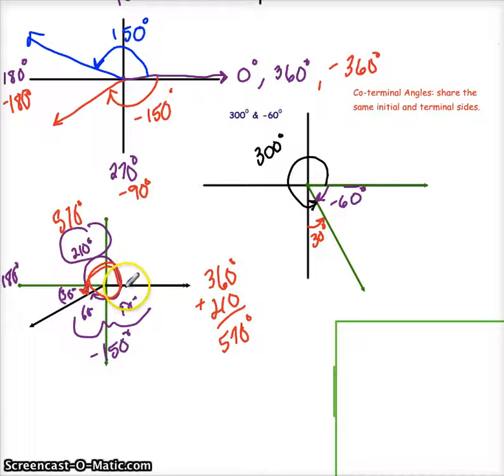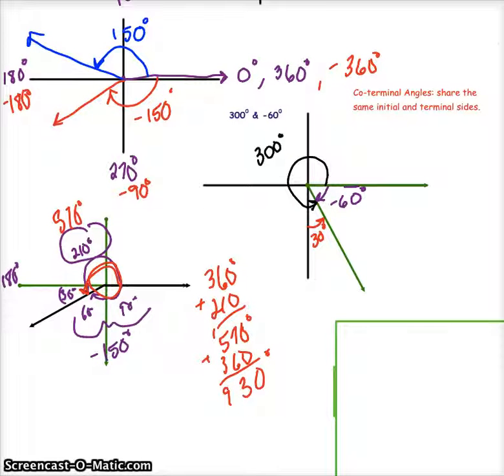So we have an additional rotation. Well, I could continue rotating in the positive direction over and over and over. And every time I traveled an additional rotation, how many degrees would I add to the next angle measure? If you said 360, you would be correct. So an additional coterminal angle is 930 degrees. If I wanted another coterminal angle, I could add another 360 degrees.